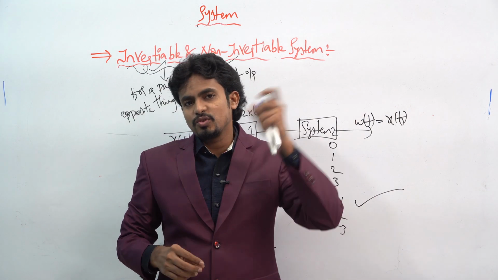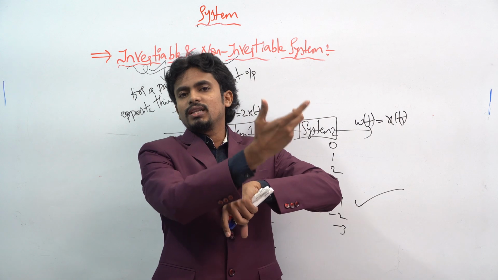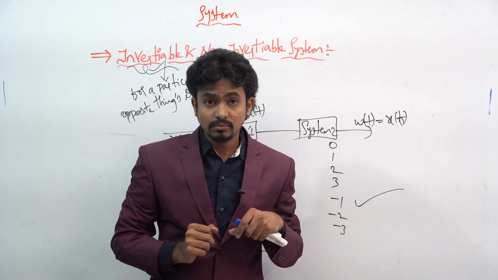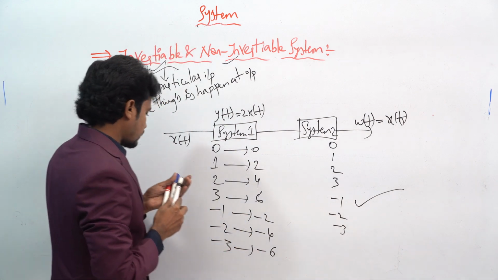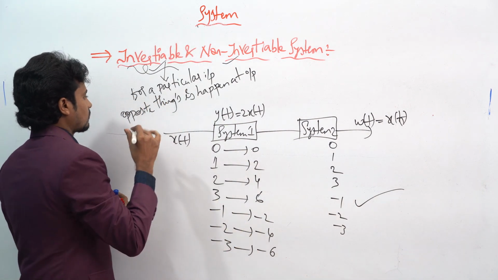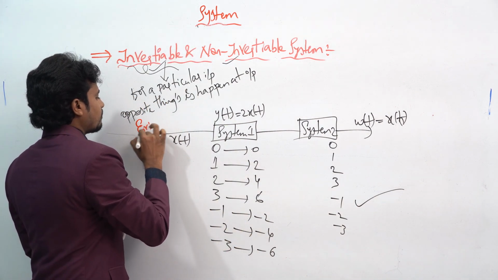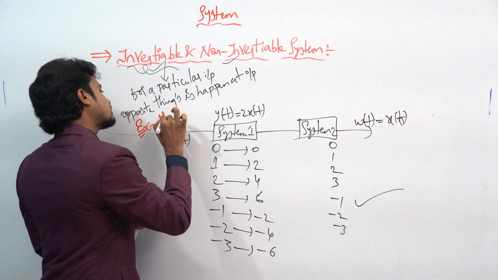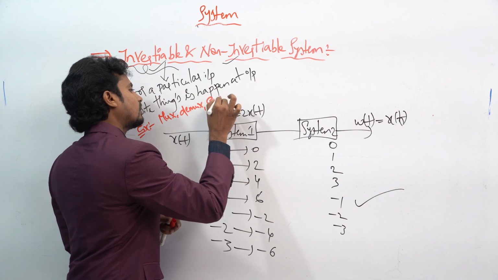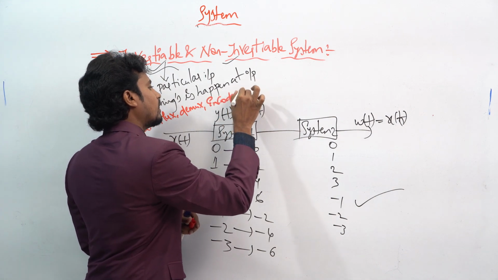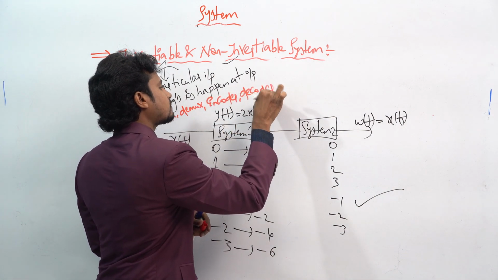In some cases, if you give 4 outputs you will get the 2 inputs, right? This is the perfect example for invertible systems. So examples are mux, demux, encoder, decoder.